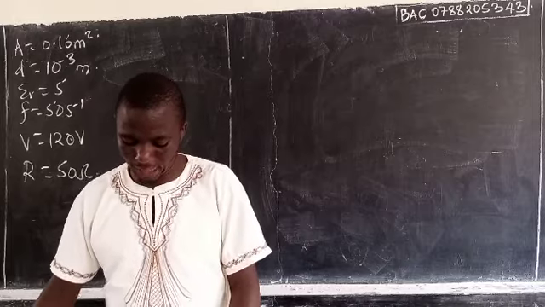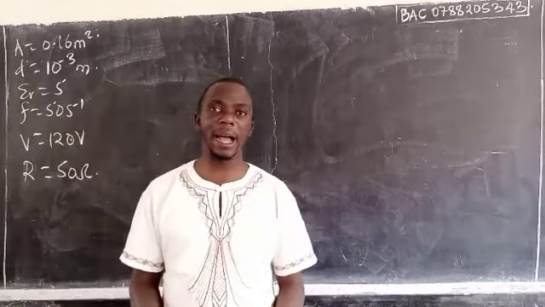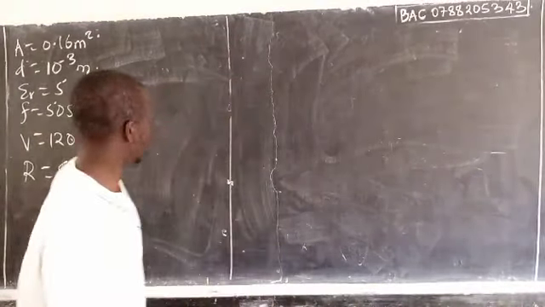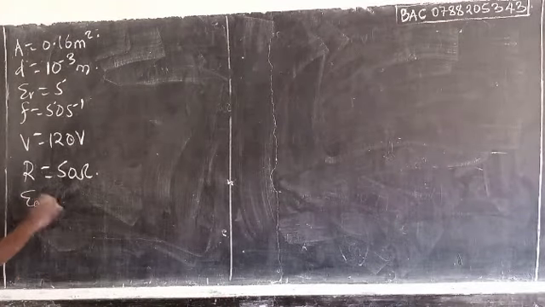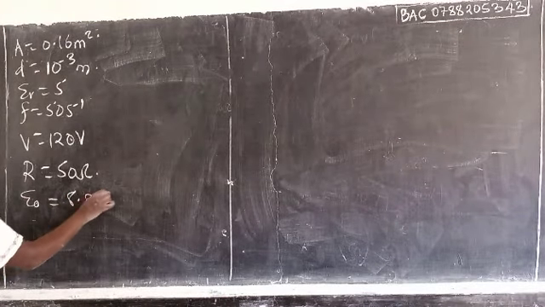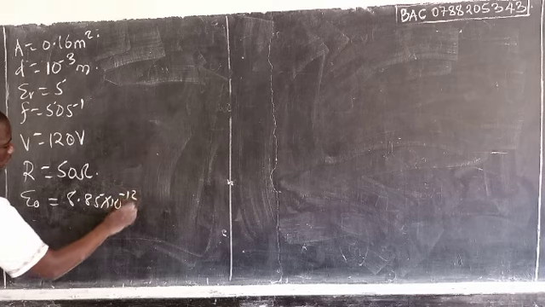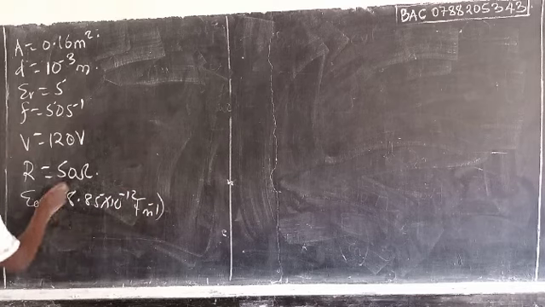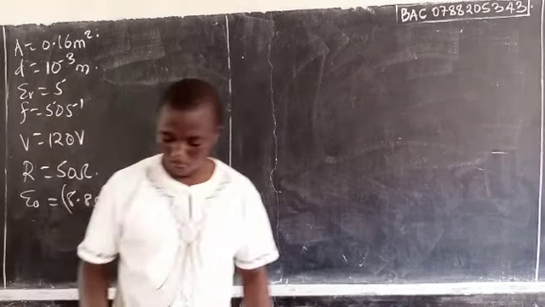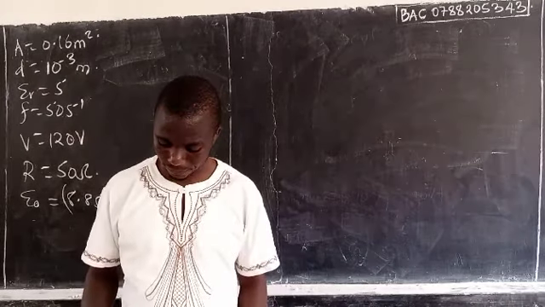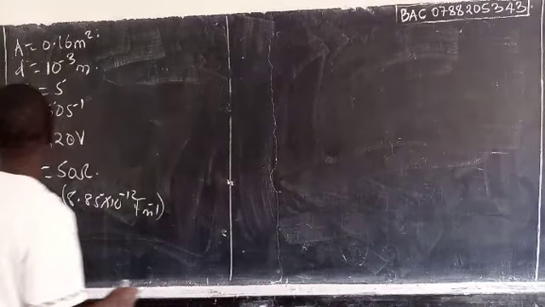Calculate the current recorded by the galvanometer, and we are told to use epsilon naught as 8.85 exponent negative 12. Okay, so the information is very clear.